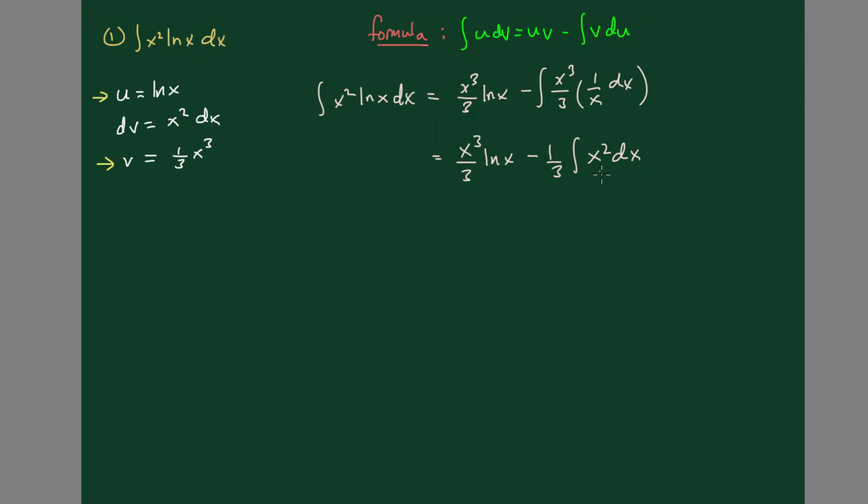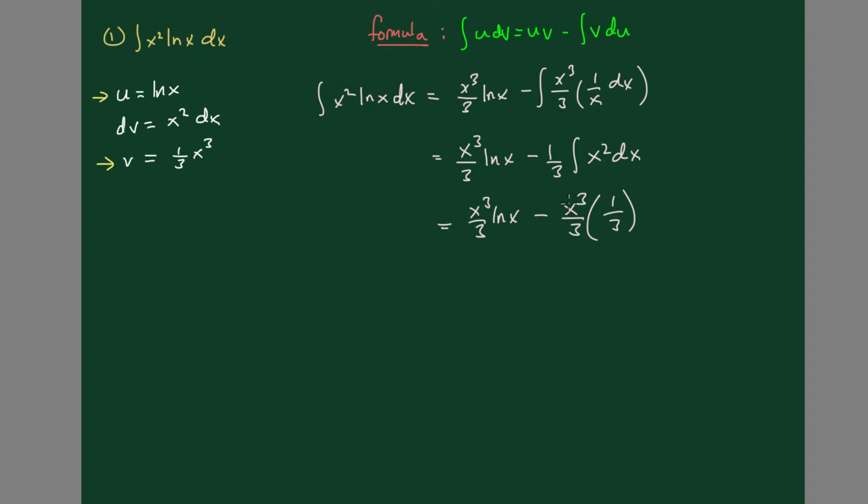So if I integrate x squared, I'm going to have x cubed over 3, just like before. So now I'm going to have x cubed over 3 times ln of x minus x cubed over 3, and then times the extra 1/3 on the outside, right?